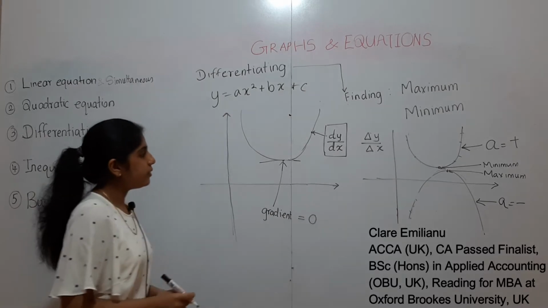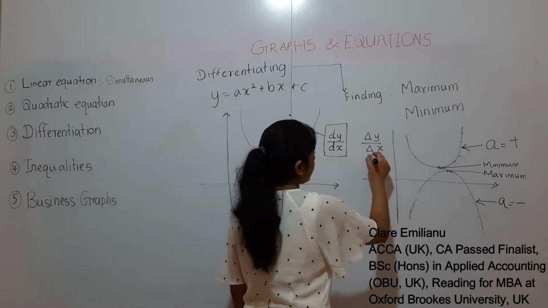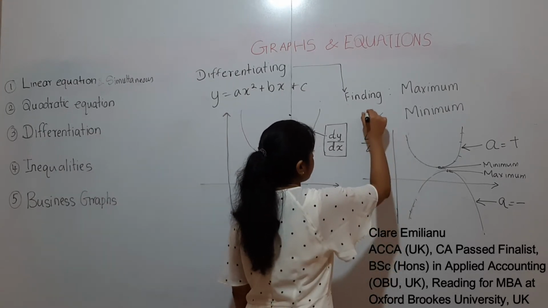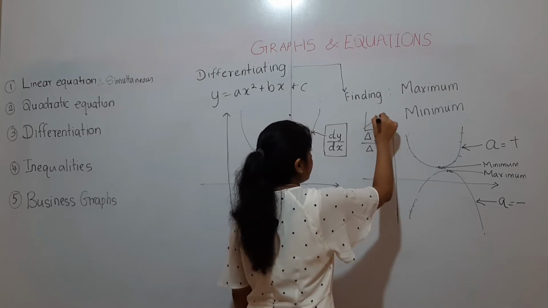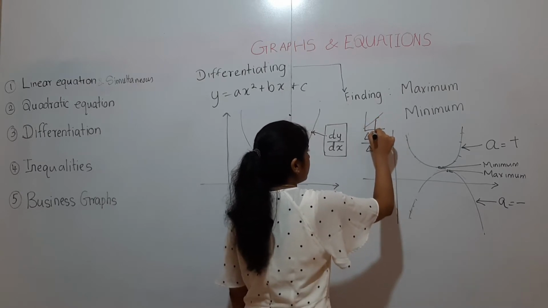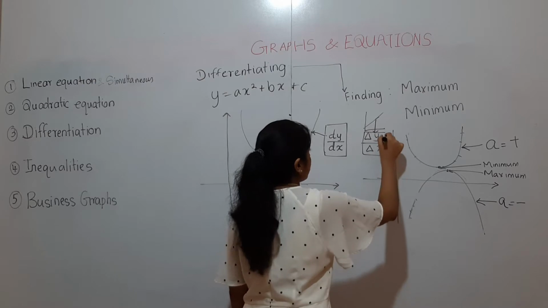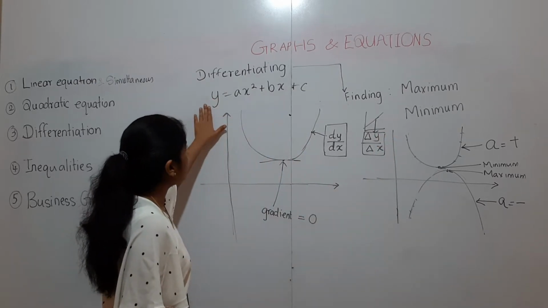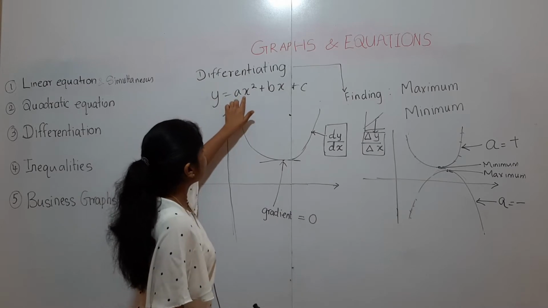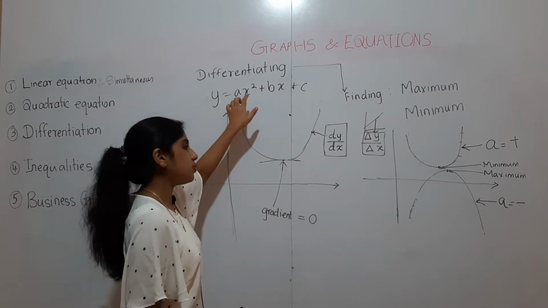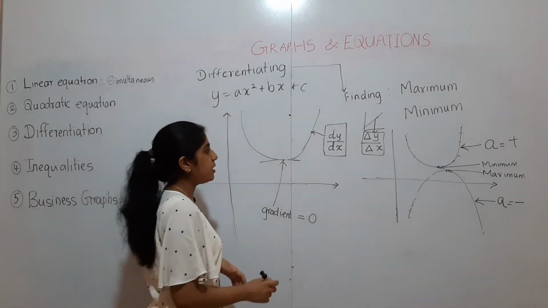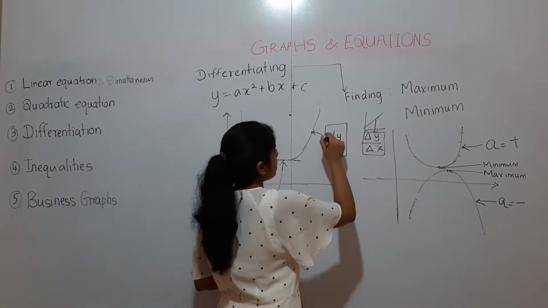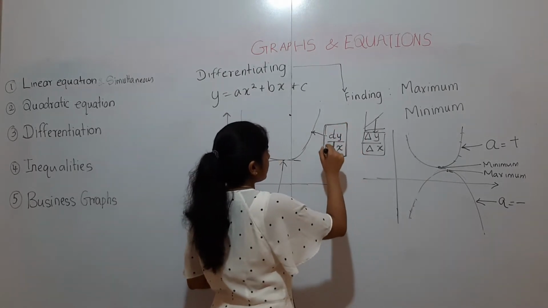Okay, so the slope of a straight line graph's gradient you can find using this formula. But a gradient of a parabola, or this type of equation where you get x squared, you must find using the differentiation formula.